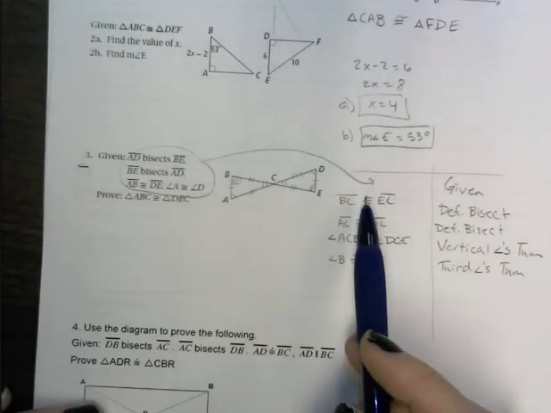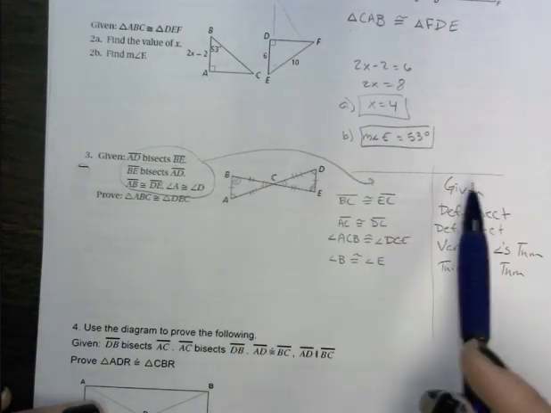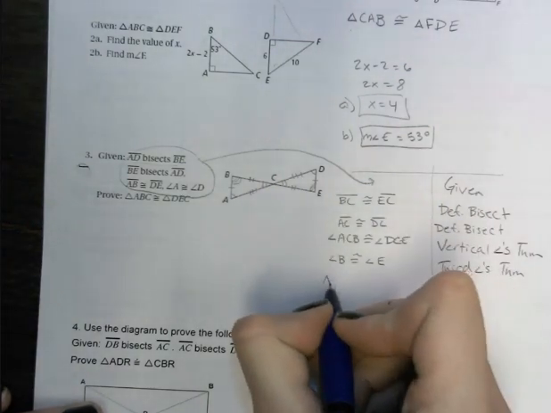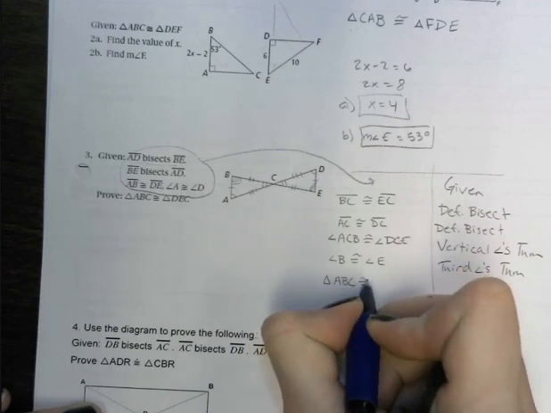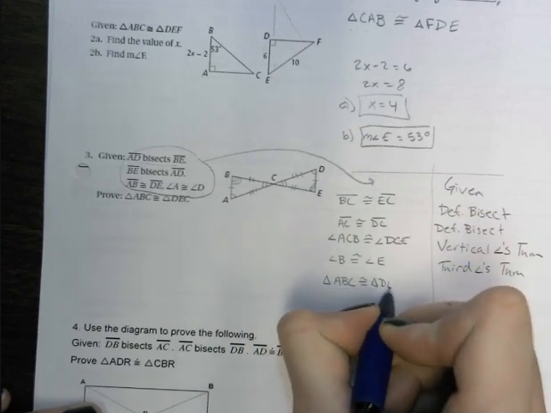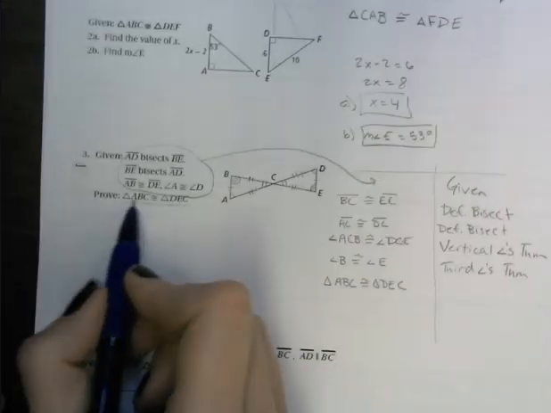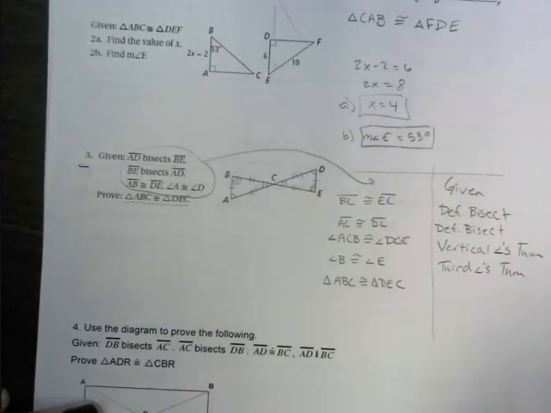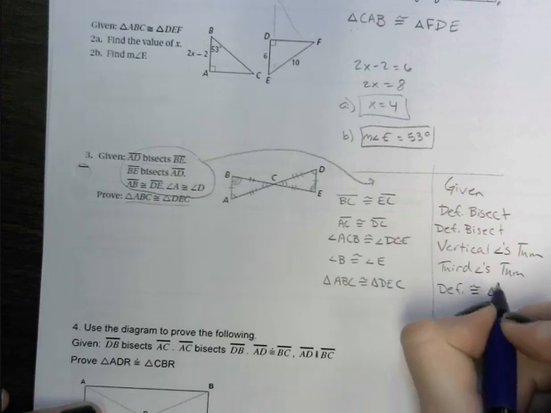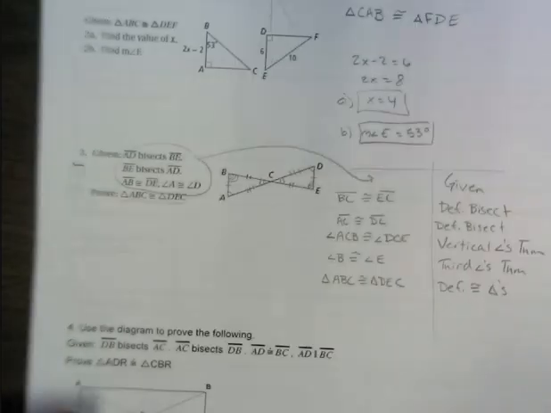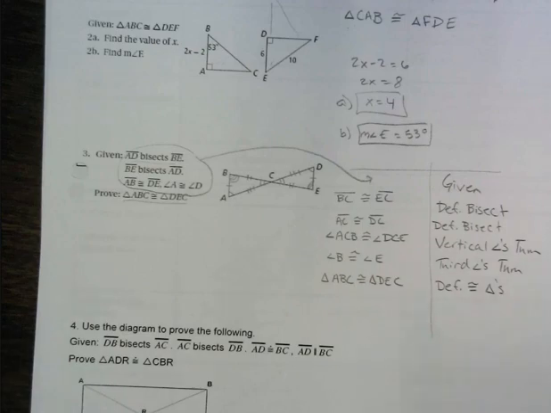And so I've got all 6 pieces are congruent, so I can say that triangle ABC is congruent to triangle DEC, matching exactly what I'm trying to prove, by the definition of congruent triangles, which says if all their pieces are congruent, then the triangles are congruent.